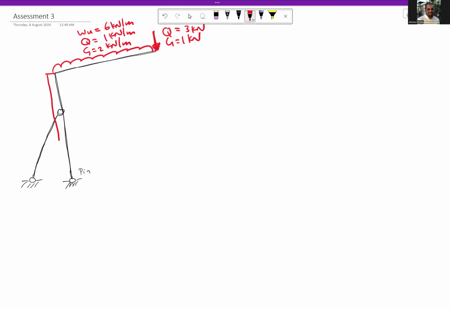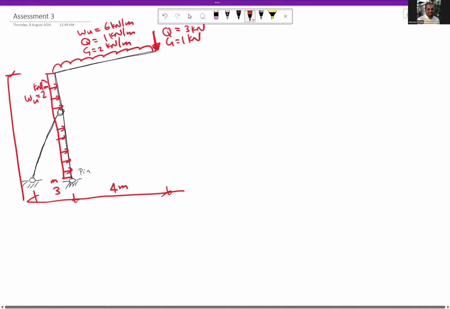From wind on the side of the column, lateral force, we have WU of 2 kilonewton per meter. The dimensions are 3 meter, 4 meter. The height is 2 meter and 4 meter.